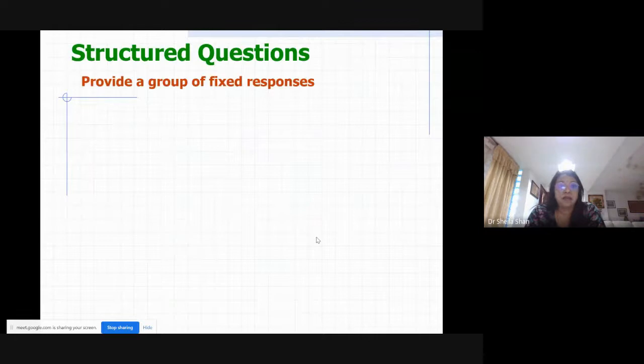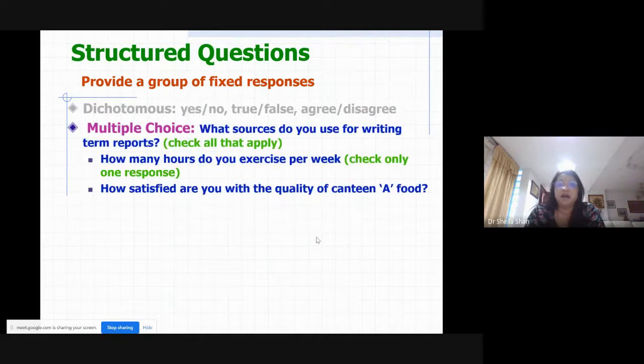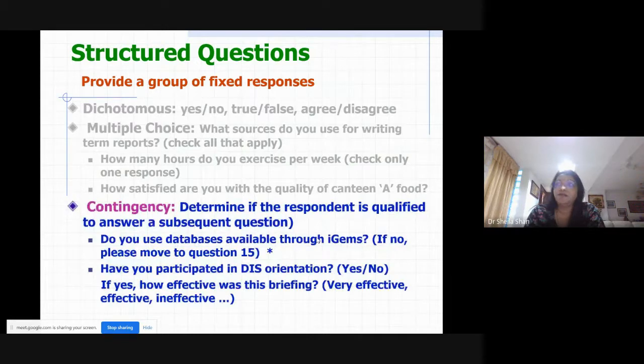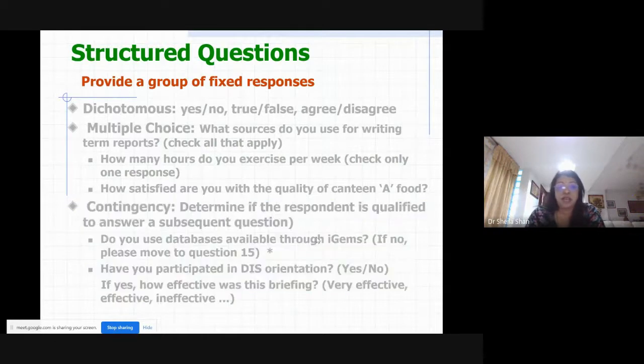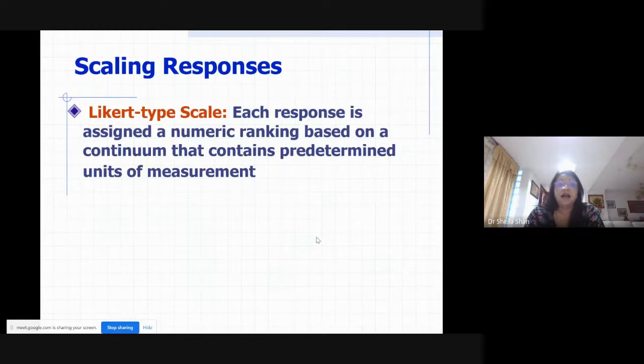Okay, structured. Structured questions include dichotomous, yes or no, agree or do not agree, and multiple choice. For example, are you happy with the canteen food, the cafeteria food? These are the types of structured questions you can ask, whether effective or not. The most popular one is the Likert scale type.